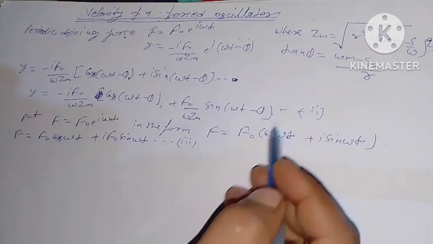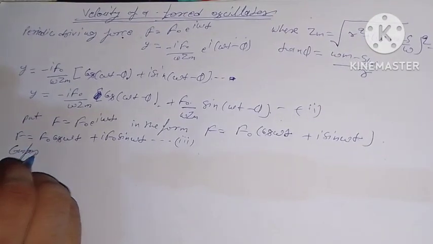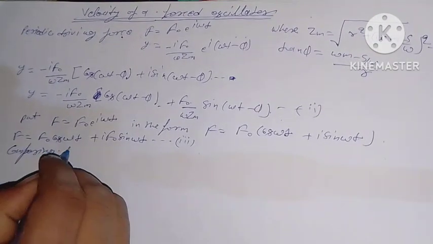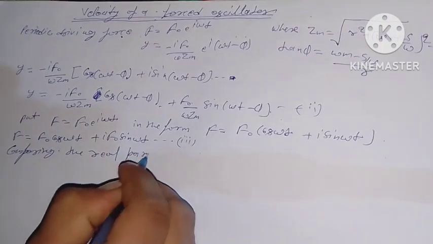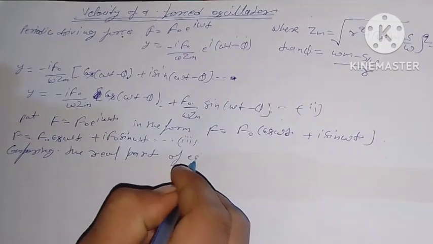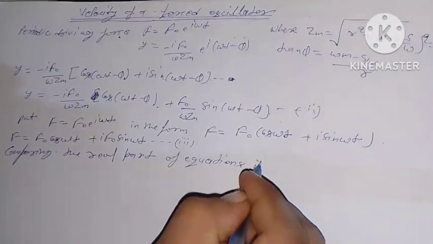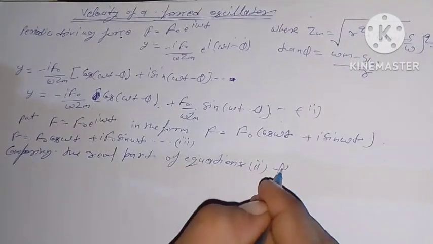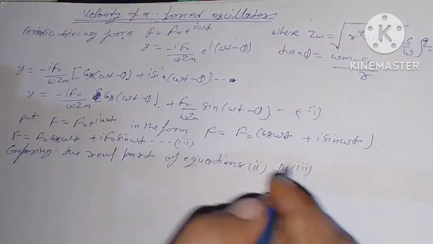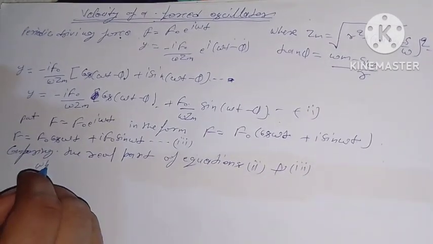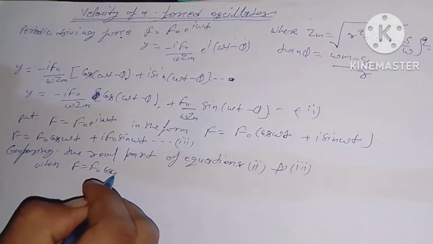Comparing equation number 2 with equation number 3, comparing the real part of equations second and third, we have F equal to F naught cos omega t.